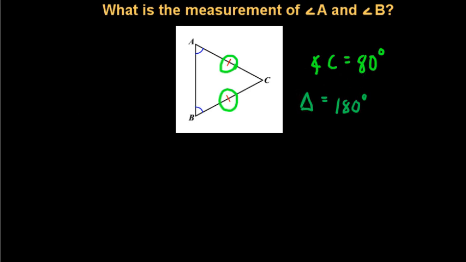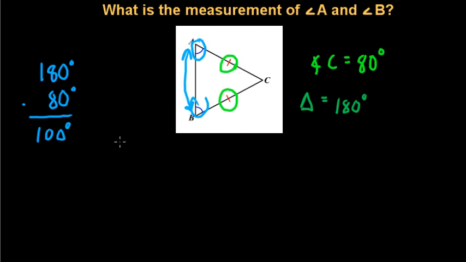So let's try that. Let's see what we get. So I start with all the angles, 180. I take away angle C, and these are in degrees. Okay, and that leaves me with 100 degrees. And I know that because this is an isosceles, A and B are going to be equal to each other. These 2 sides are the same. These 2 angles right here are going to be the same. So if they're the same and I have 100, I can just split that in half.